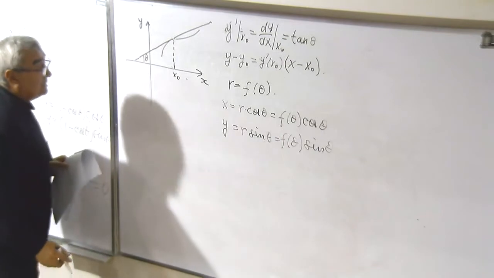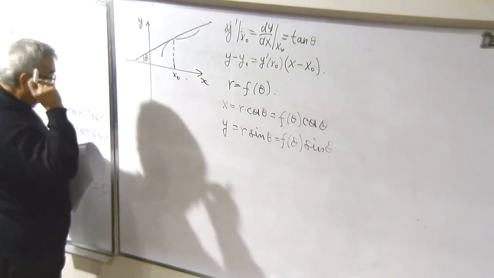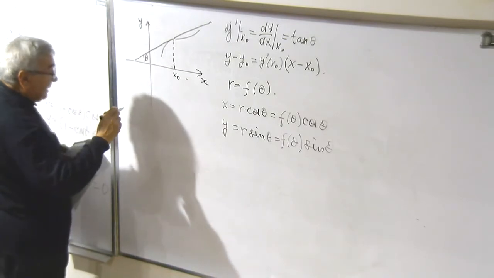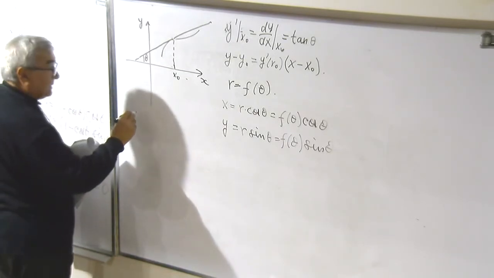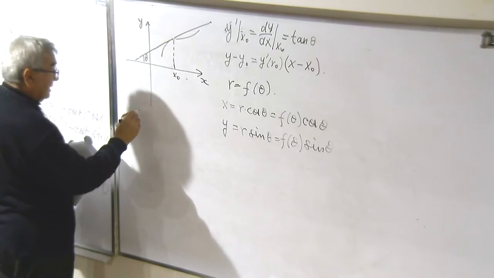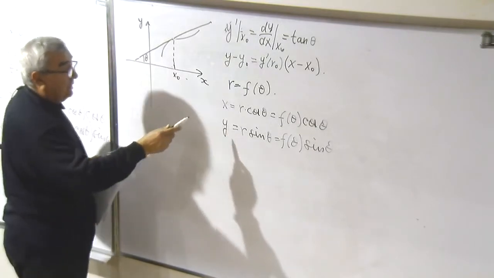Okay, I remind you, when we have a parametric representation of a function, x should be a function of t, and y will also be a function of t.